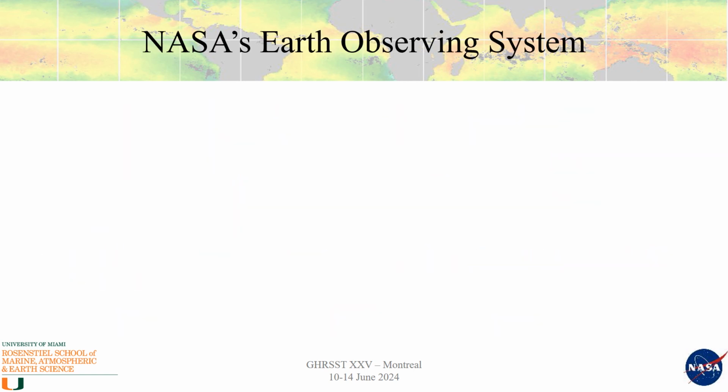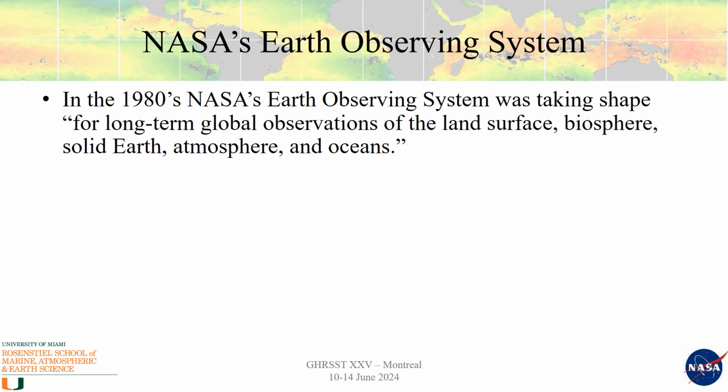Going back a little bit further in time, NASA was developing the concept of the Earth Observing System, which was to take measurements of all the components of the Earth's climate system, primarily from satellites.